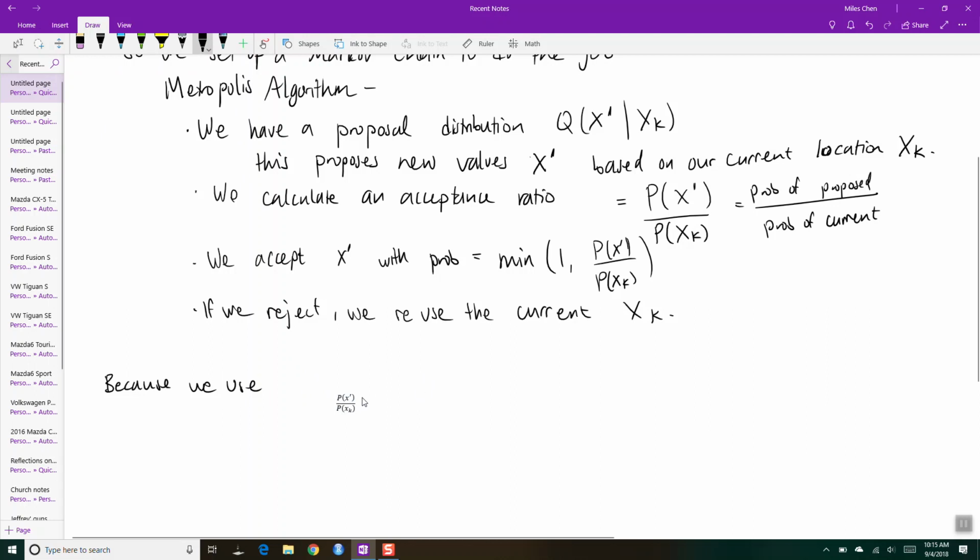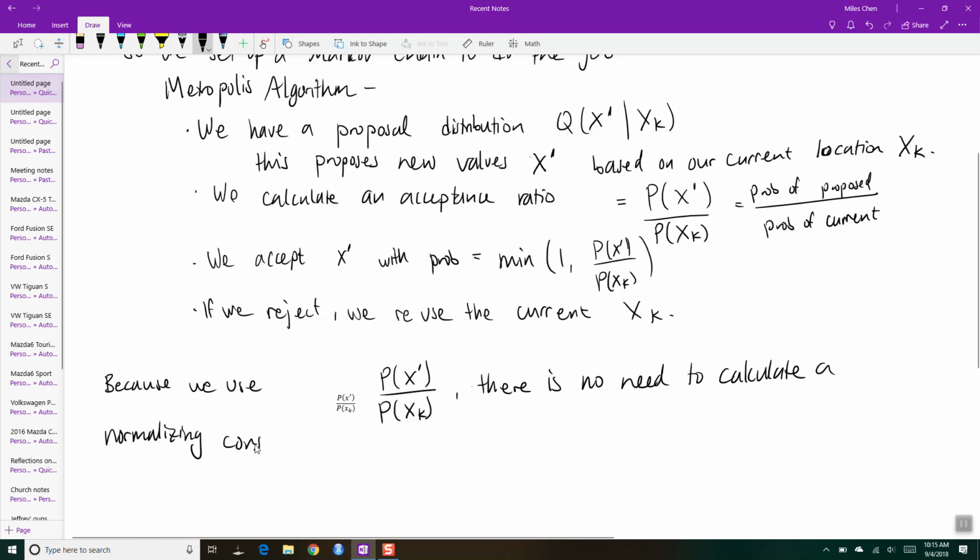Okay. Because we use this thing, right? There's no need to calculate a normalizing constant. Okay, so if P of x is equal to C times F of x, right?